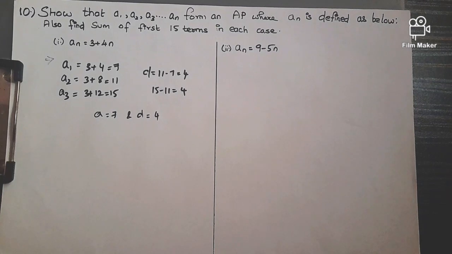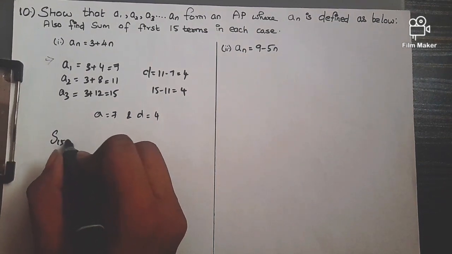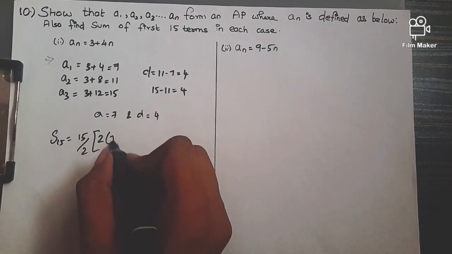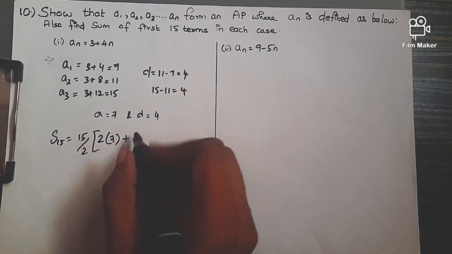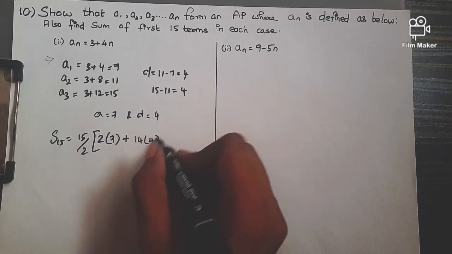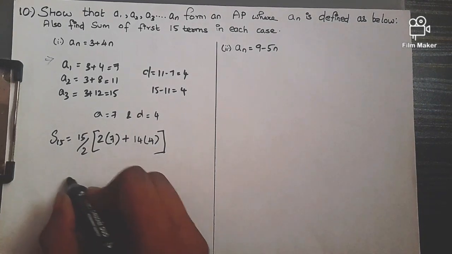So the first part of the question is solved. They have asked us to show that it forms an AP. Yes, this forms an AP with the first term a to be 7 and the common difference to be 4. They are asking for S15, that is equal to n by 2 into 2a plus n minus 1 into d. So 15 by 2 into 2 into 7 plus 14 into 4, since 15 minus 1 is 14, into d which is 4.